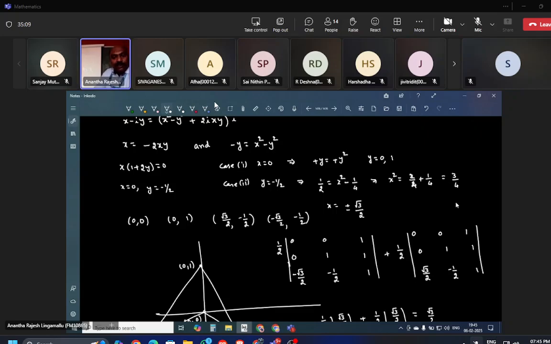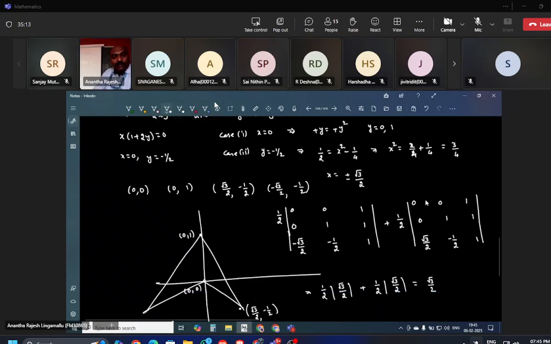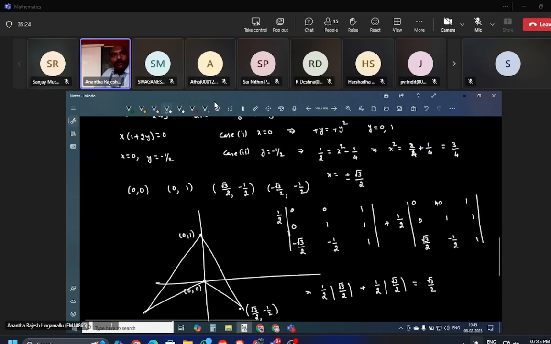So x is equal to plus or minus root 3 by 2. Correct. No doubt in this. So root 3 by 2 is the answer, right?